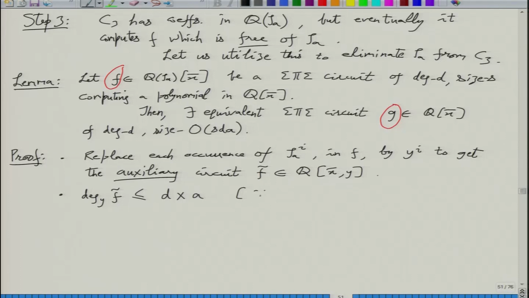So since F is sigma pi d sigma, the product gives you degree of y not more than d times a, which is small, right? So the degree in terms of y is very small.